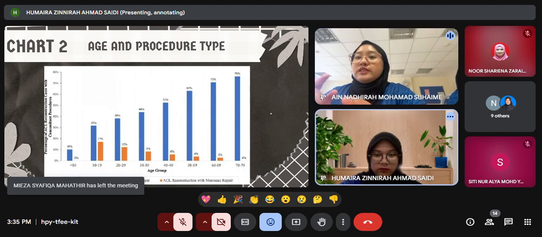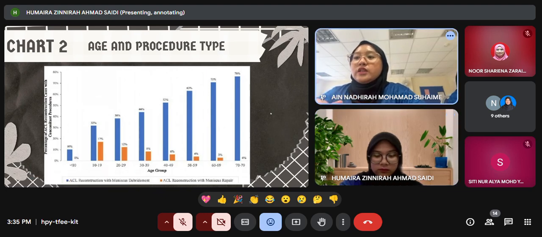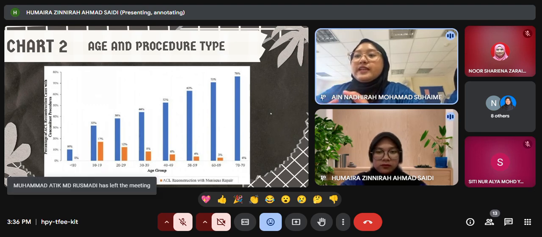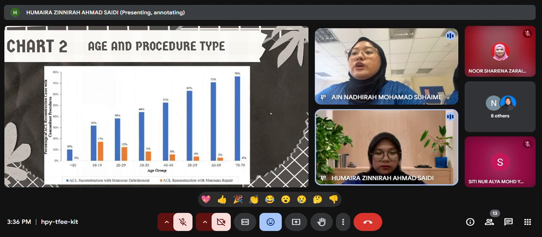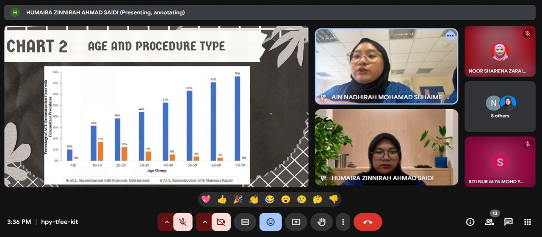Moving on to the 20 to 29 age group, debridement rises significantly to 38%, while repair declines to 12%. In the 30 to 39 age group, debridement continues to increase, reaching 44%, and repair decreases further to 8%. For those aged 40 to 49, debridement climbs again to 52%, while repair falls to 6%. In the 50 to 59 age group, debridement jumps to 63%, with repair dropping to 4%.